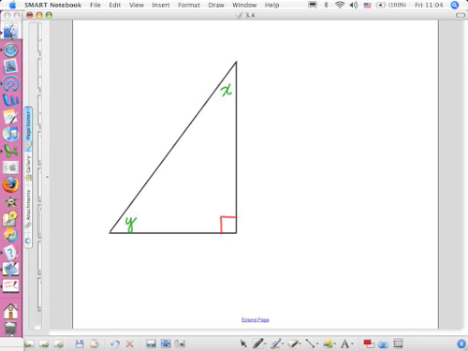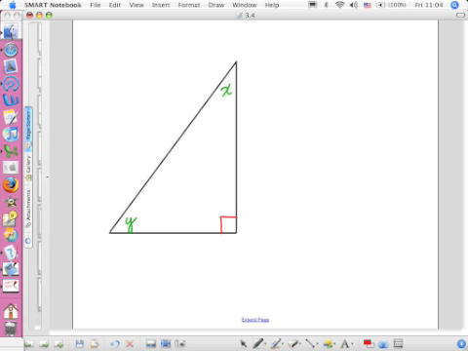And you cannot have a right angle and an obtuse angle. And then the next corollary of this picture is what it applies to.